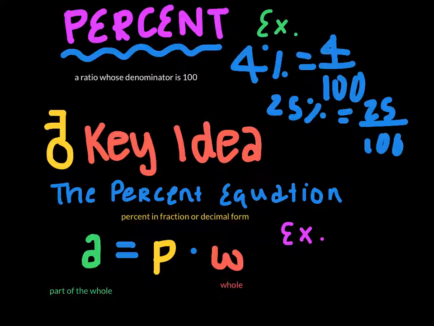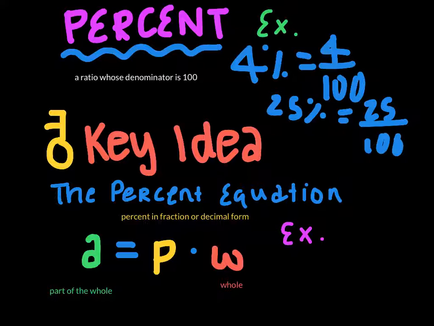So today's key idea is to represent "A is P percent of W" using an equation. This is called the percent equation. A is part of the whole, P is the percent in fraction or decimal form, so the percent will always be a fraction or decimal form, and W is the whole.